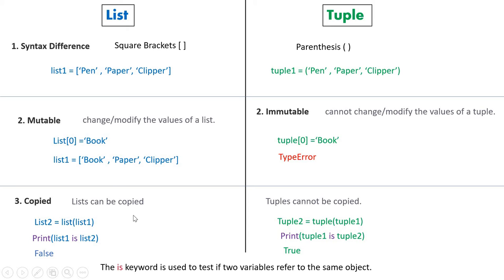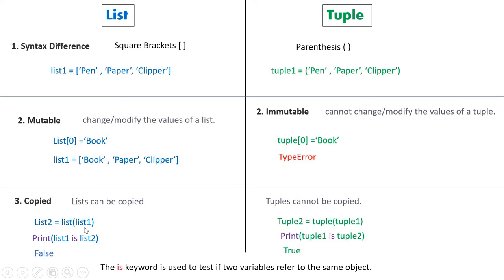See what happens in Python. If we have a variable and we give it a value, for example list1 is a variable and these are the values, it means this is referring to this particular value.